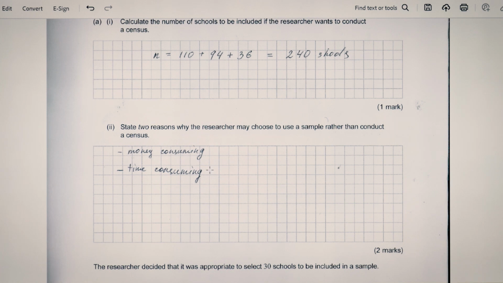Some students put more than 2, like 3 or 4, which is great, but we are not looking for that. We are just looking for 2. I will tell it later, another question. So here, just 2 marks, just 2 answers.